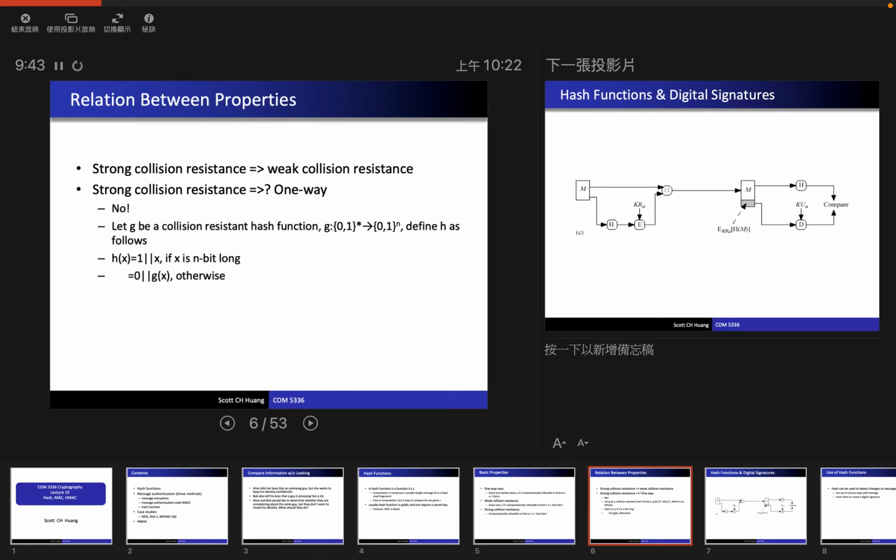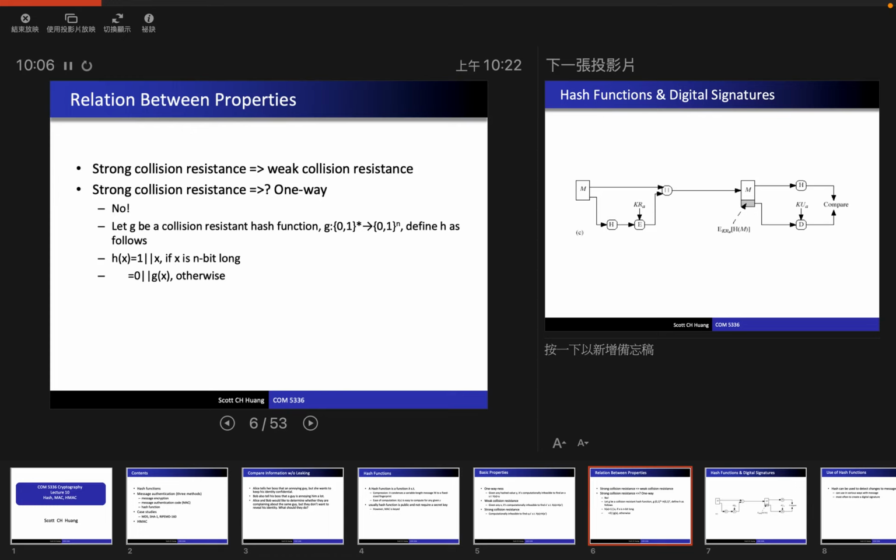This still preserves the collision resistance property, because you cannot find any collision in either case. In this case, it's related to G, and you cannot find any collision because G is collision resistant. And here, it's a one-to-one mapping, so there's no collision at all.